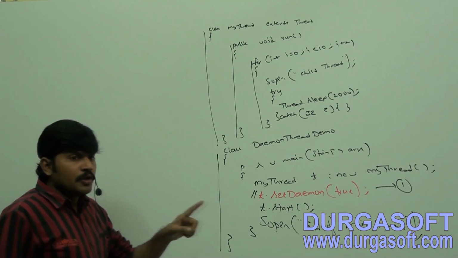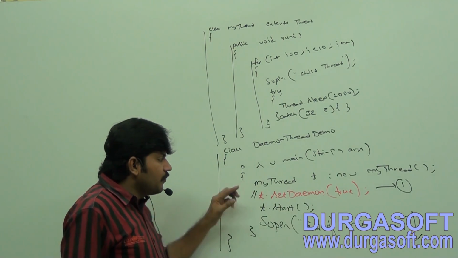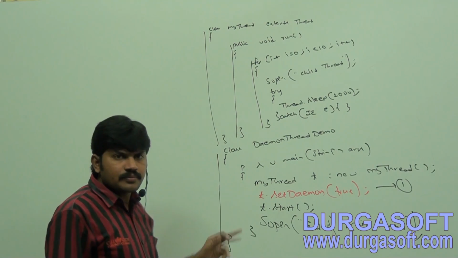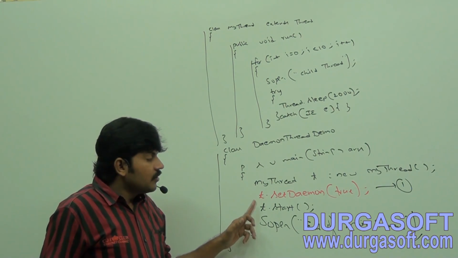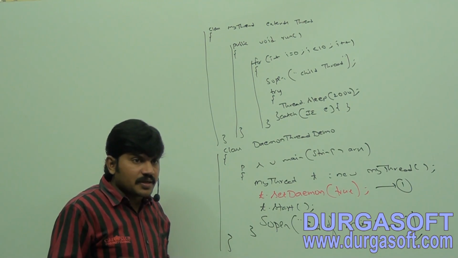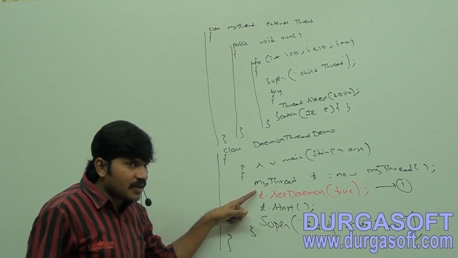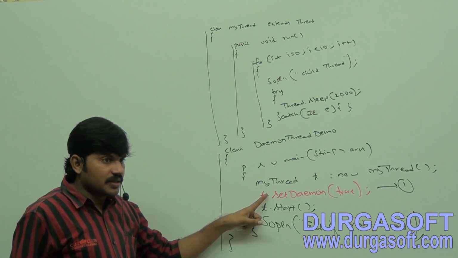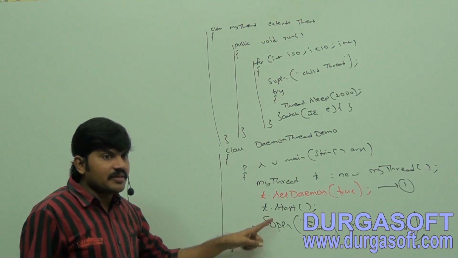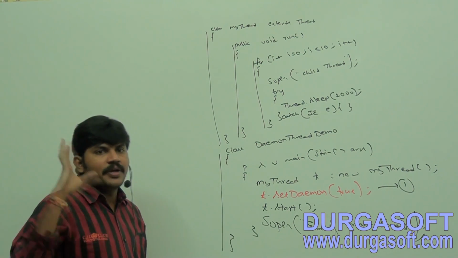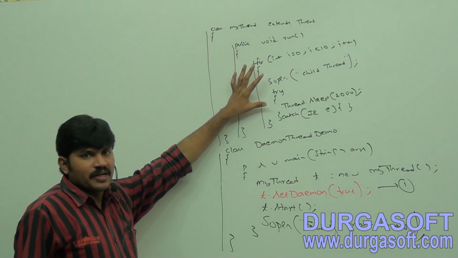Now observe, if I remove the comment, is the main thread Daemon or non-Daemon? Non-Daemon. Is the child thread Daemon? Yes. Whenever the main thread terminates, the child thread will automatically be terminated.